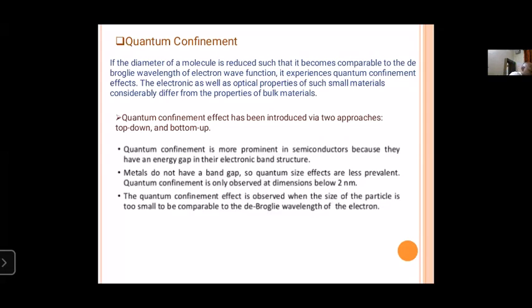Quantum confinement has been introduced via two approaches, the top-down approach and the bottom-up approach.